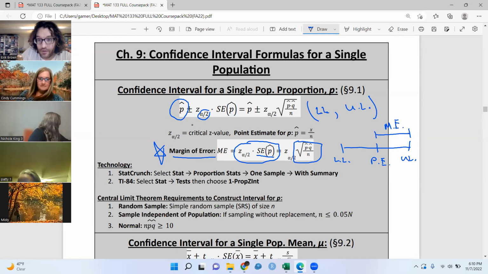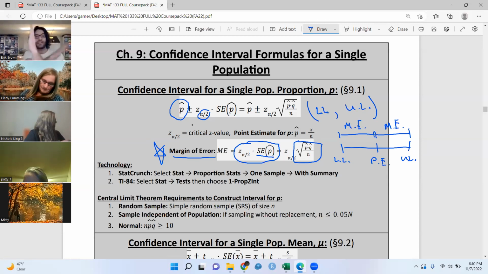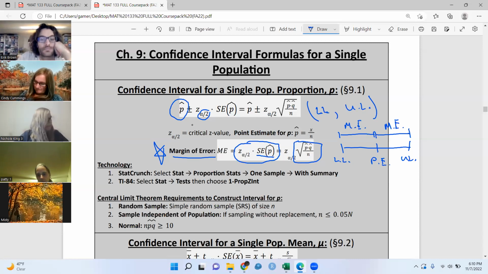That's the same distance between the lower limit and the point estimate, right? The point estimate's exactly in the middle of these limits. So what you're calculating is the up and down values for the confidence interval.